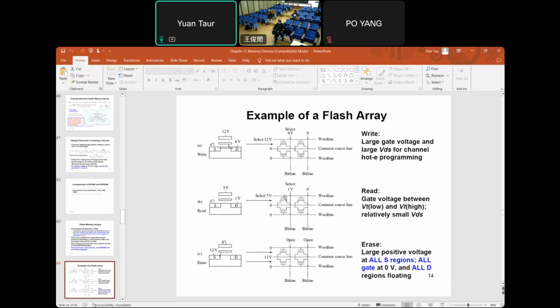If there is charge, then the FET is off because VT is higher. And that's how we read. And for erase, we ground the gate, the word line, and we apply a large positive voltage to the source, 12 volt in this case. We try to get the electrons stored in the floating gate to tunnel back out to the source. Okay. And that's how we erase.